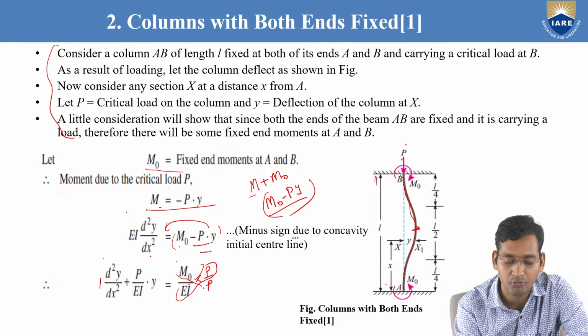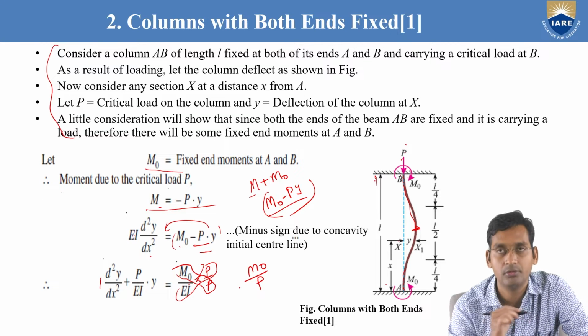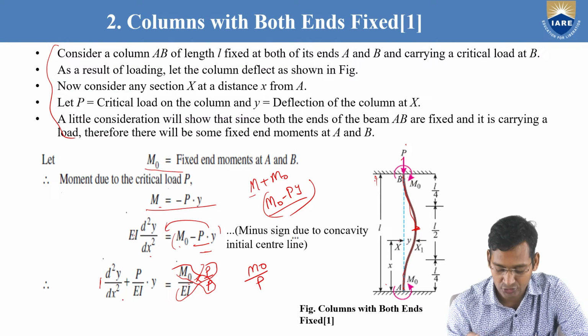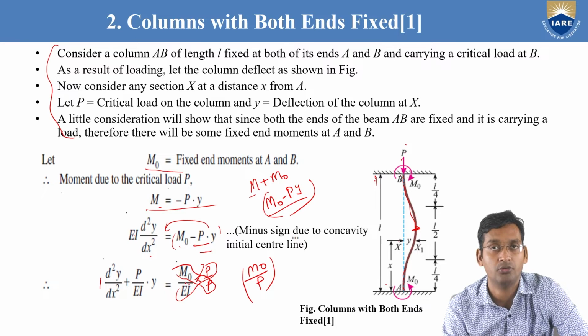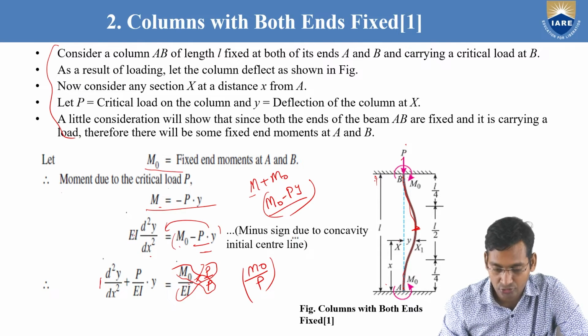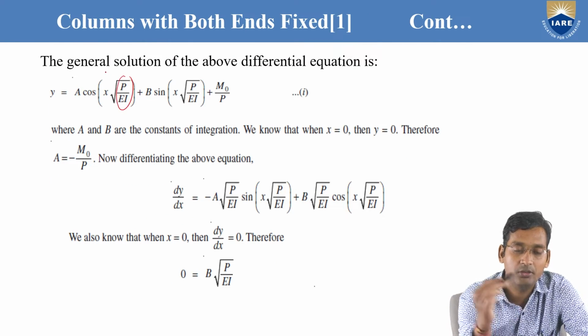So what is left? M naught by P. So we have to add M naught by P. The general solution will be the same, with this term added, because in the general solution you can see this P by EI is there.